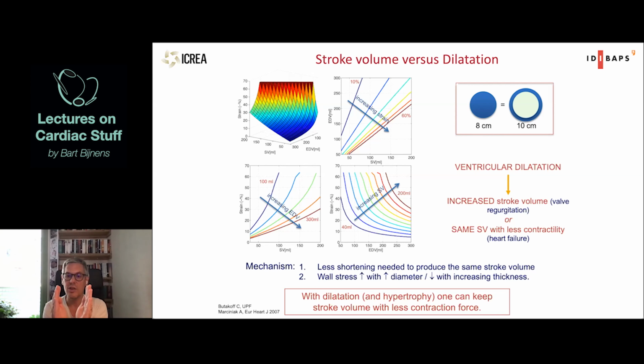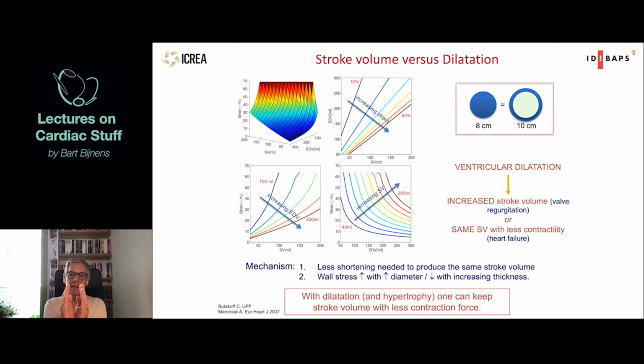That changes the inner cavity, and that's the volume that's ejected. So that's the stroke volume. So for a ventricle of a certain size, deformation moves the endocardium inward, and this change in volume between before and after the deformation will be exactly the stroke volume. Of course, with increased deformation, you will increase the stroke volume.